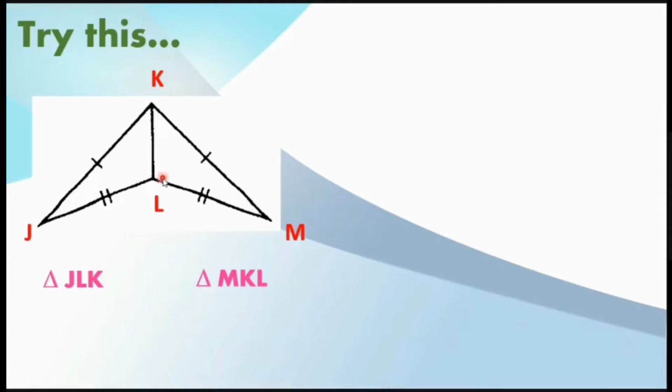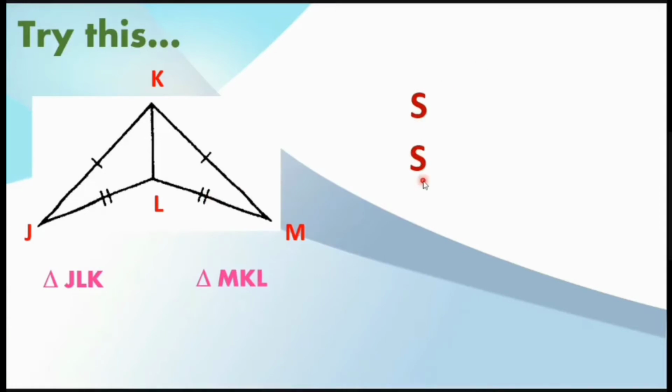As you can see in this figure, there are two pairs of corresponding parts that are marked. So it will be easy for us to identify which parts of the two triangles are corresponding parts, or which parts of the two triangles are congruent parts. Therefore, we can give two statements with regards to sides.